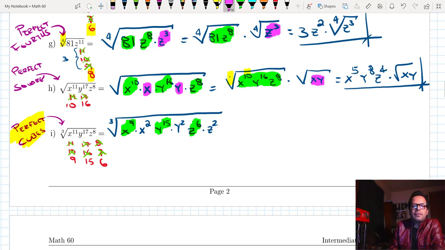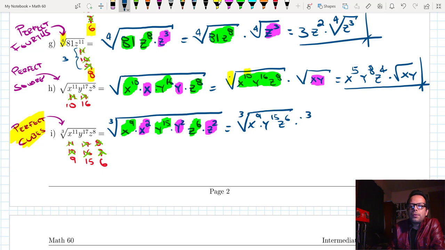Now keep highlighted with pink all the factors that are not perfect cubes. So the cube root of x to the 9th times y to the 15 and z to the 6th, times the cube root of x squared, y squared, z squared.